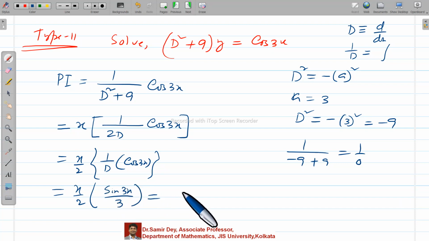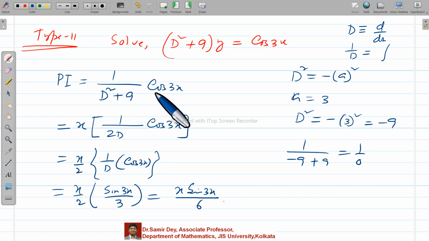So ultimately it is coming x sine 3x by 6. Clear? Very good. So please check. I repeat once again: if in any situation you see your denominator is coming 0, then you should write x and the derivative of the expression.